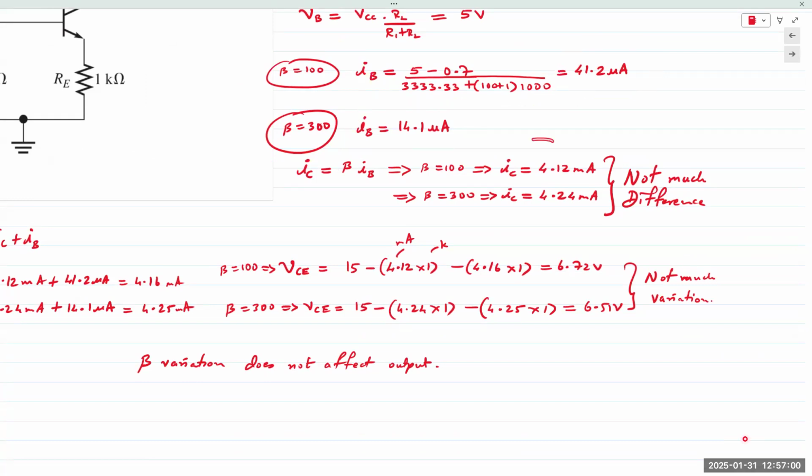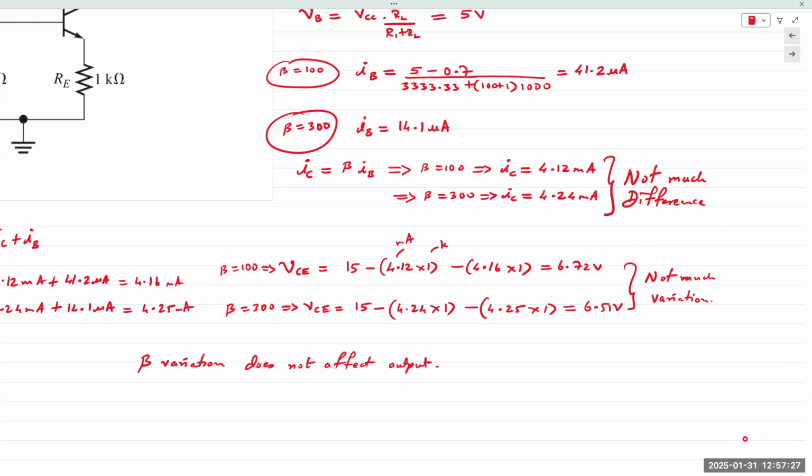But look at the effect on the output current. The output current is still within the same range, 4.12 milliamps and 4.24 milliamps, a difference of about 0.12 milliamps. So there's not much difference with using two different transistors with two different betas.